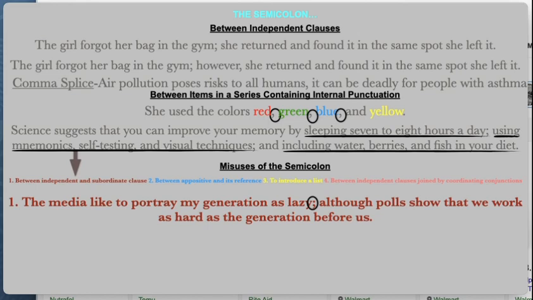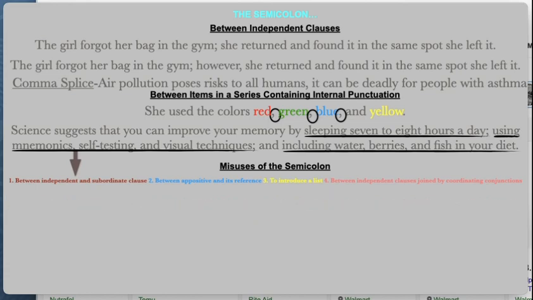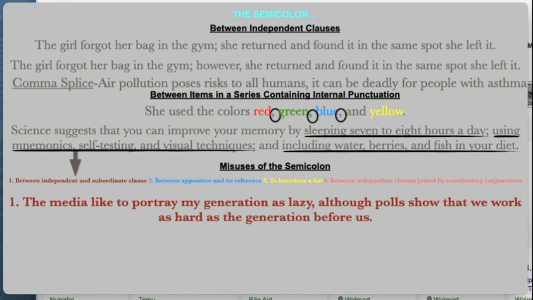Some other subordinating conjunctions are because, if, until, or with relative pronouns like who, which, and that. In this sentence, we see the subordinate clause here, right? So we do not want to use a semicolon. Instead, simply use a comma.